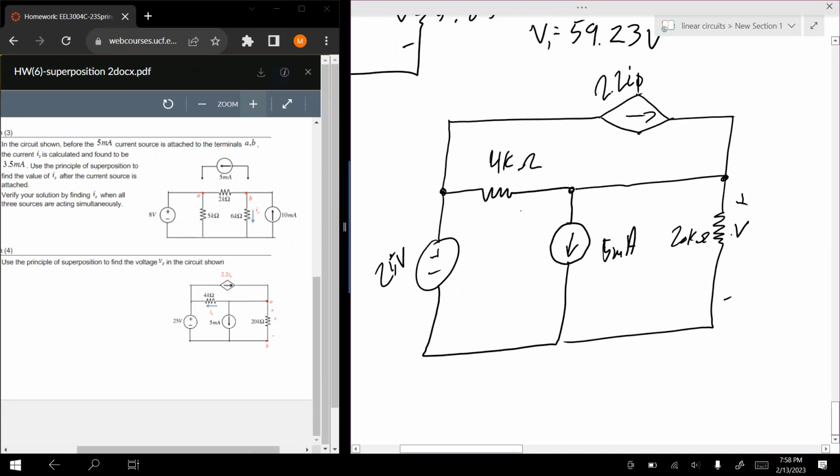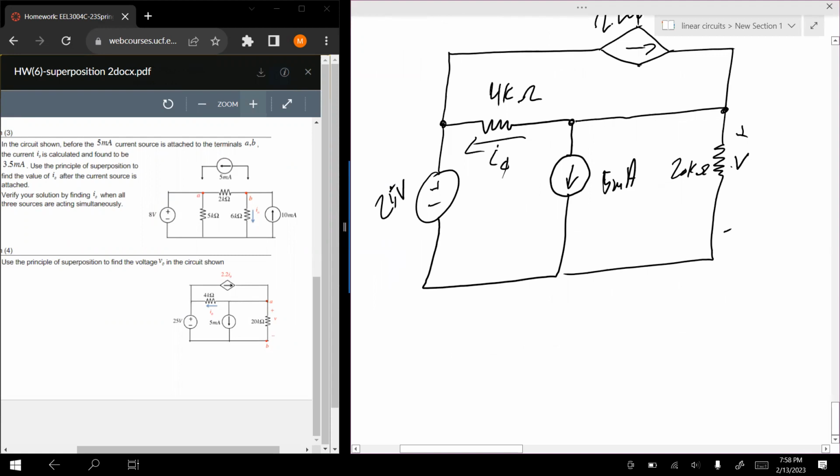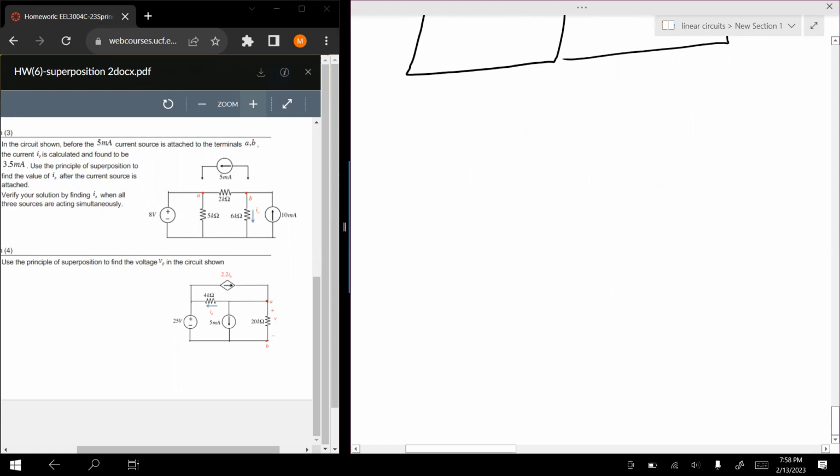And then this is I V right there. I don't think we'll have a question exactly like this for the quiz, just because this is a little out there. This is a little hard, I'll be honest.